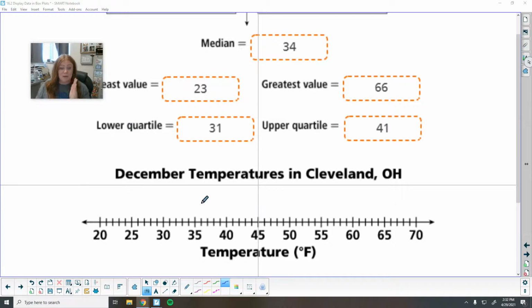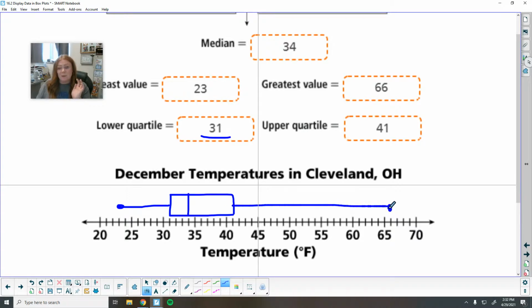We draw the median 34, then the lower quartile 31, and the upper quartile 41. Those are your boxes here. Then we whisker over to the smallest one, 23, and then to the biggest one, 66. So there are my whiskers.